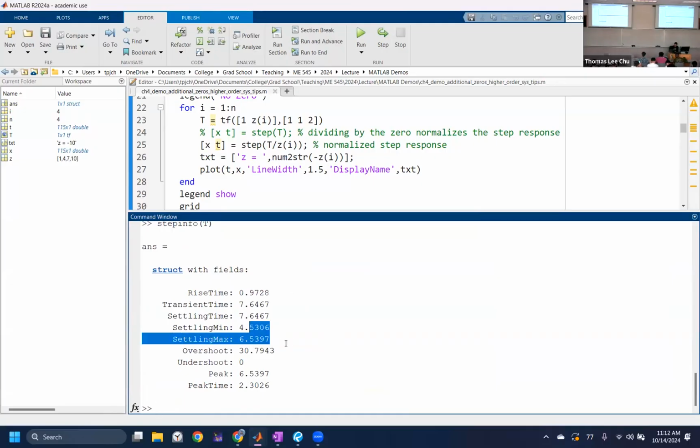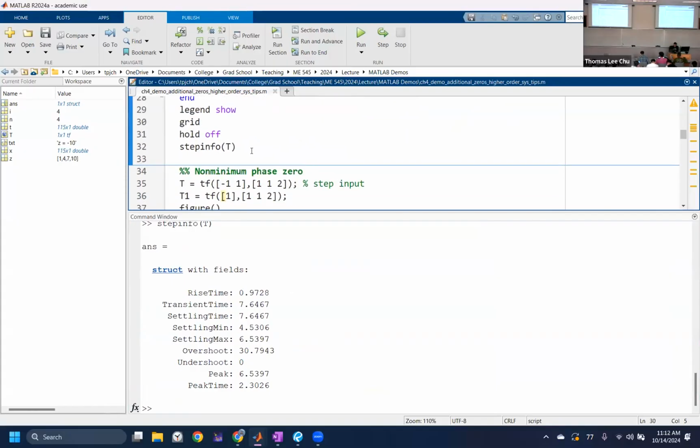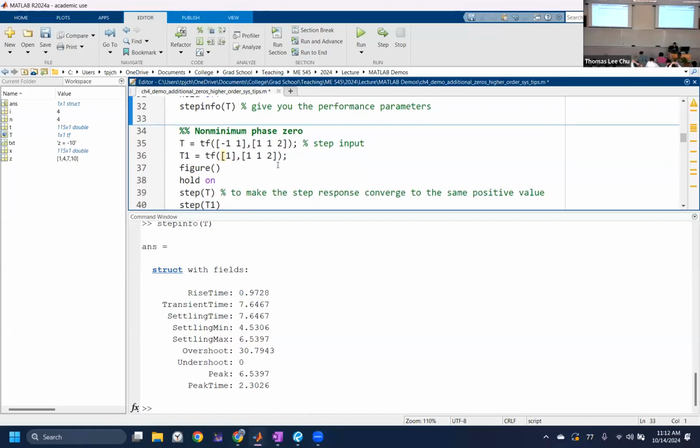Actually, I don't know what those values are. Percent overshoot, peak, and peak time. So stepinfo will give you the performance parameters. I'll update my code now because I changed it. So that's an example of your system with zeros.